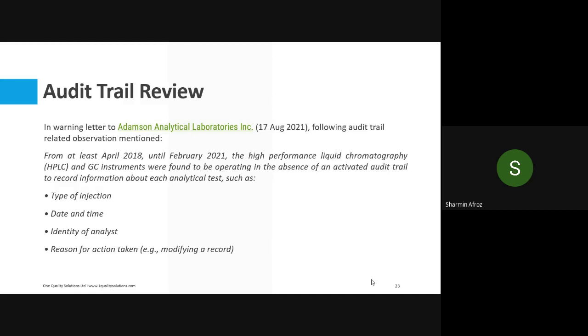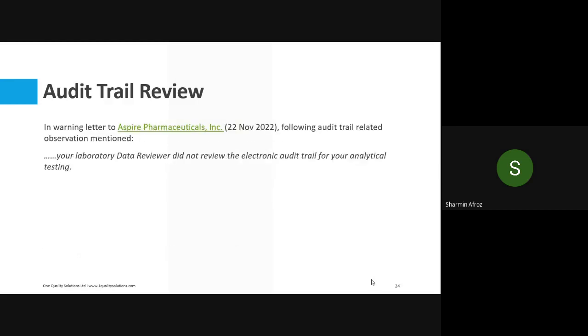Can you tell me what would be the ideal practice here? Anyone? Okay. Let's move to the next slide to know more about it. There is another observation regarding audit trail review.